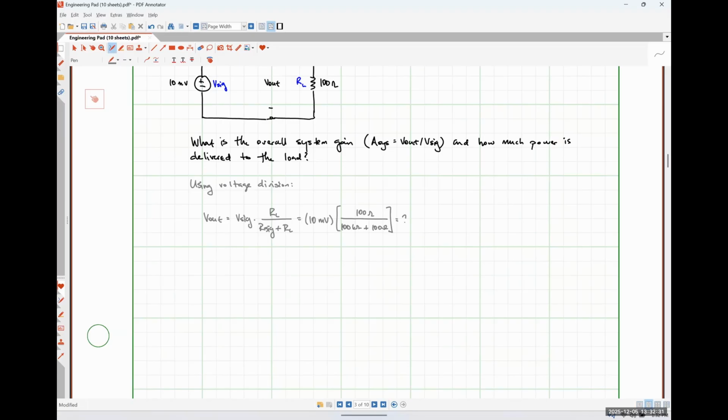And that's going to come out to be 9.990 microvolts. Okay.